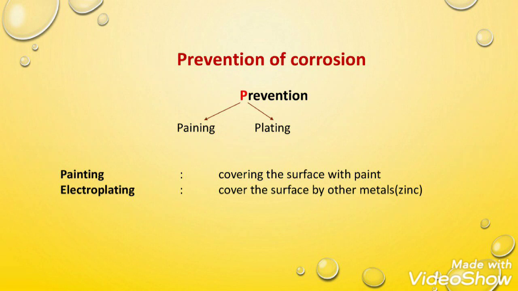What is painting? Painting means covering the surface with paint. What is electroplating? Covering the surface with another metal is called electroplating. For example, zinc is used in electroplating.